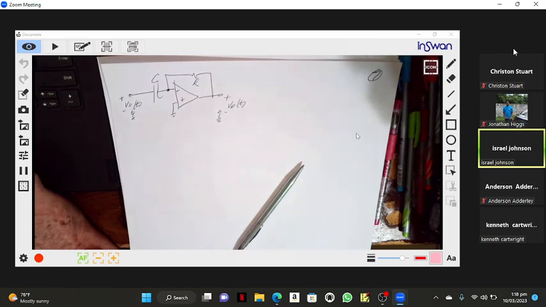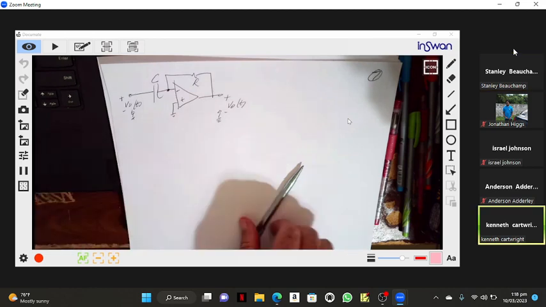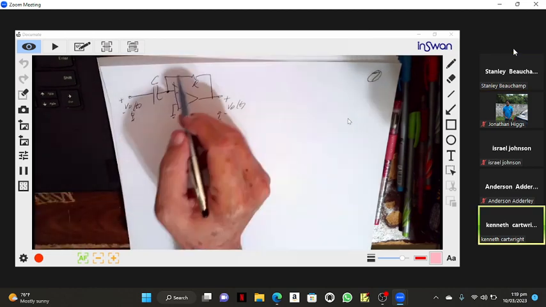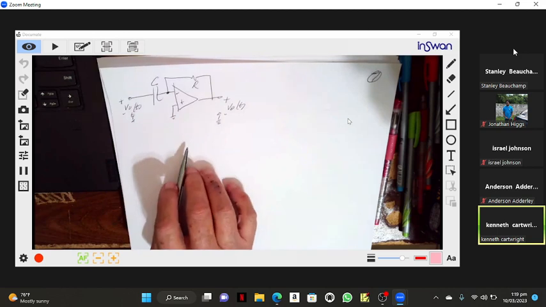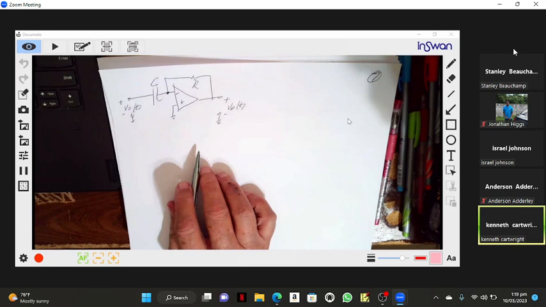Inverting op amp. Oh, Lord, my God. That's the differentiator, the one we're doing for homework. This is a differentiator. With the switch, it was the integrator. With this, if C was here and R was here, that was the integrator. Yes, sir.